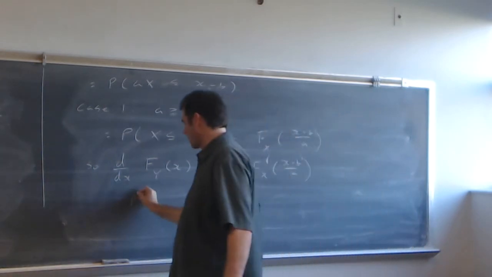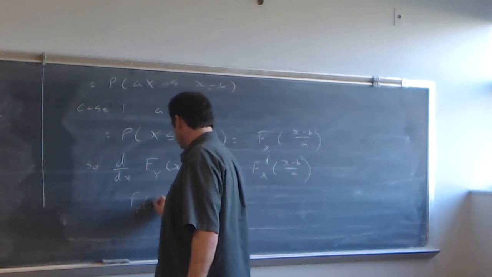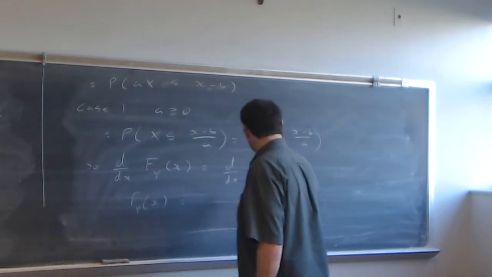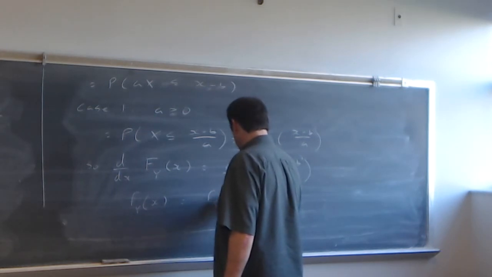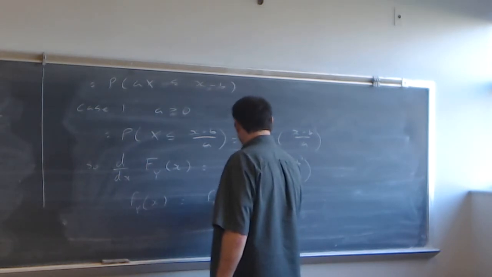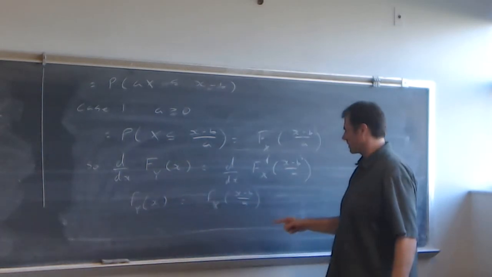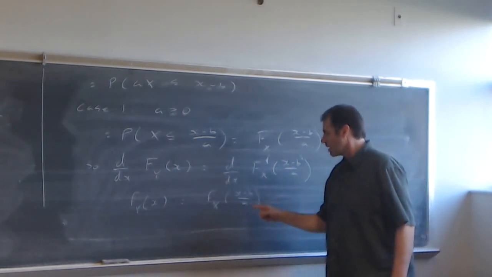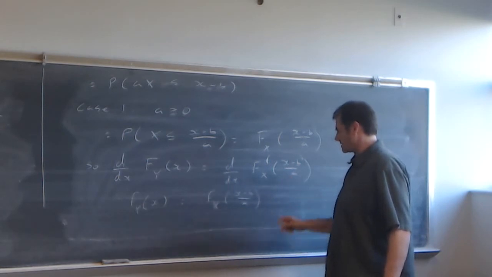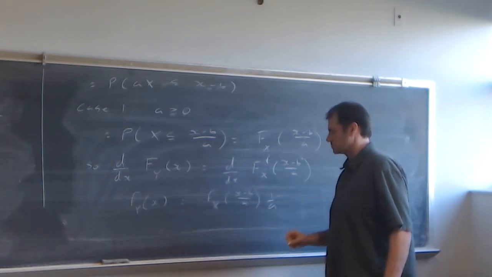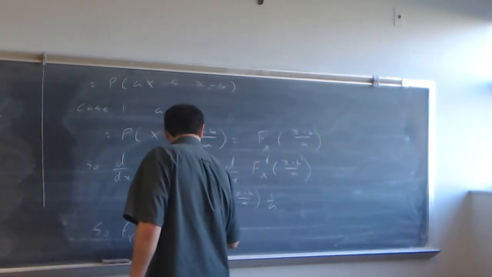Well, this is nothing more than the PDF of Y evaluated at x, which is going to be equal to f sub X of x minus b over A, and then by the chain rule, as in our previous fact, you have to multiply this by the derivative of the inside, which is 1 over A. So f sub Y of x is equal to, well, what is this?